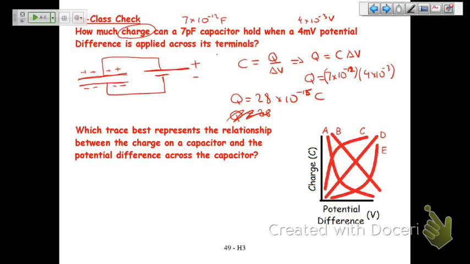Another type of question I can ask you on this is just looking at the relationship. What trace best represents the relationship between the charge on the capacitor, which has got the symbol Q, and the potential difference across the capacitor, which would be really delta V? And I say C equals Q over delta V. So let's rearrange. I want Q, so Q is equal to C delta V. That is that axis.